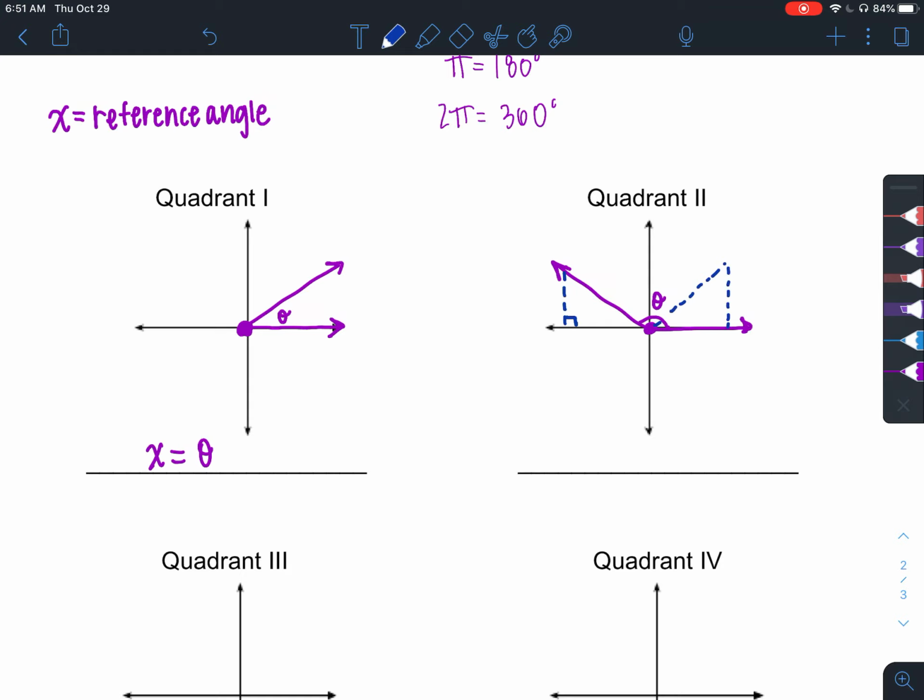So then I am looking for this angle because it reflects over to the other angle. I'm actually going to erase this here just to get rid of any confusion. So then x, my reference angle, is going to be equal to this straight angle here, which is 180. So if I subtract theta, I'm left with my reference angle. So 180 minus theta will give me this angle right here in the blue.